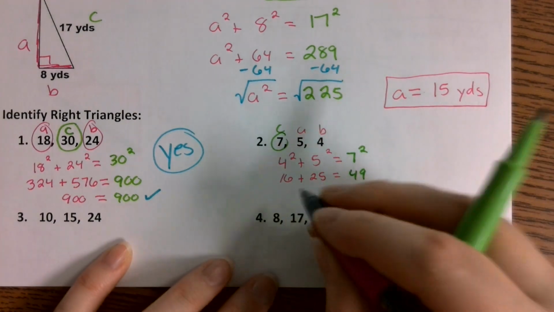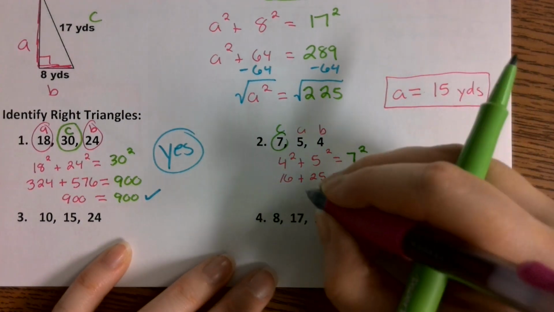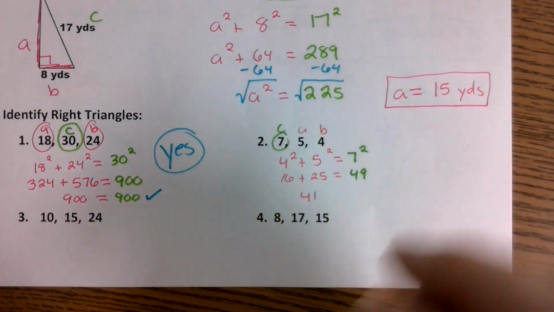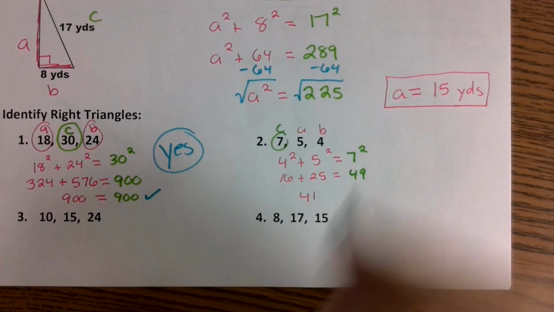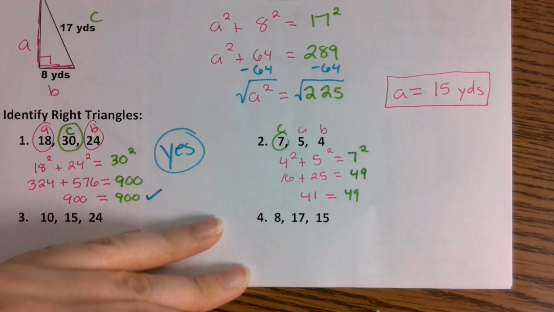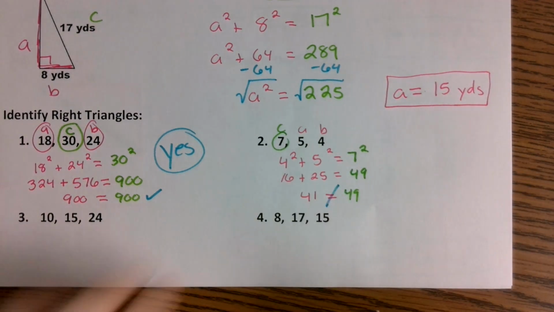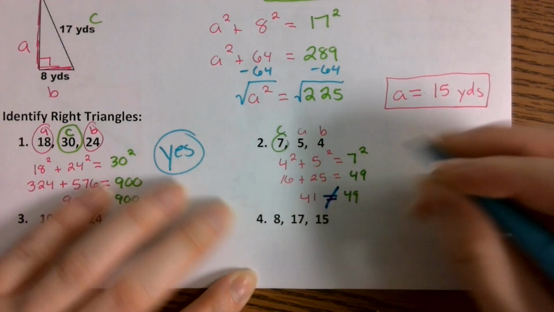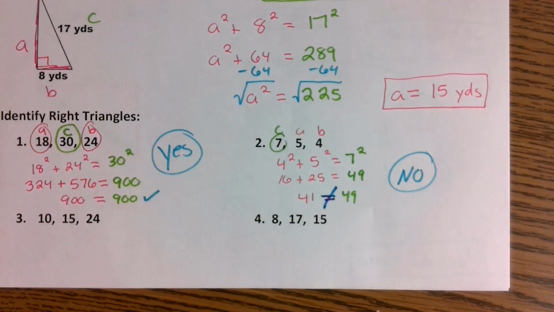When we add 16 and 25 together, that's going to give us 41, which is not equal to 49. Not equal, so I'm going to put a little slash through it. So this is not going to form a right triangle.